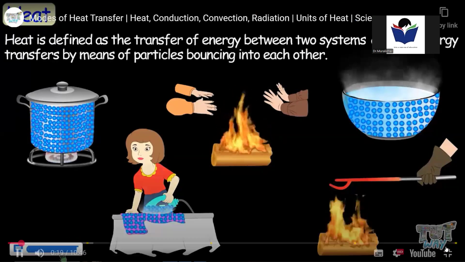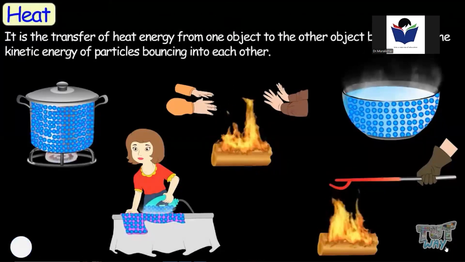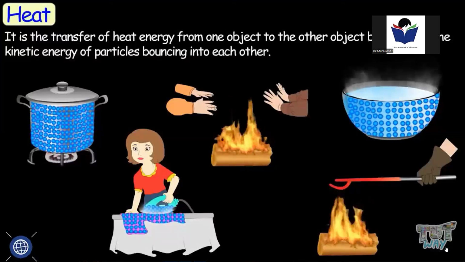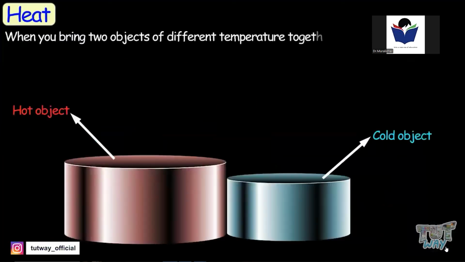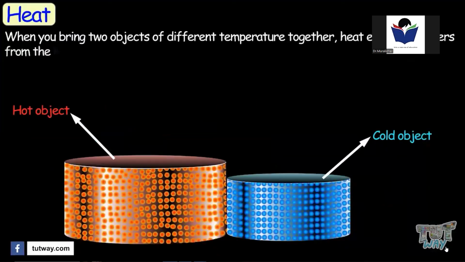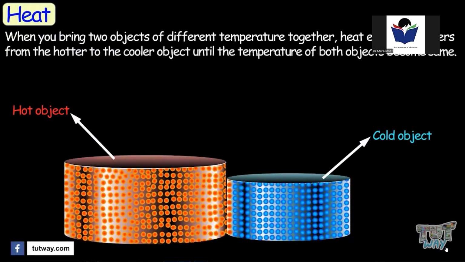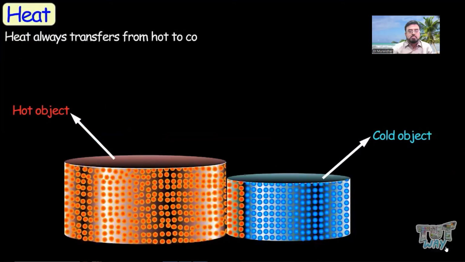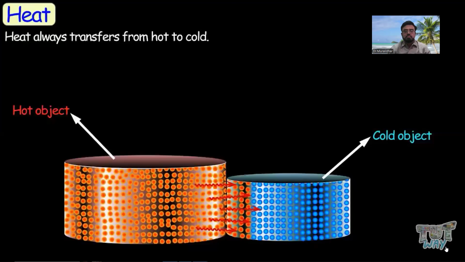So, we can say it is the transfer of heat energy from one object to the other object by means of the kinetic energy of particles bouncing into each other. When you bring two objects of different temperatures together, heat energy transfers from the hotter to the cooler object until the temperature of both objects becomes the same. Heat always transfers from hot to cold.